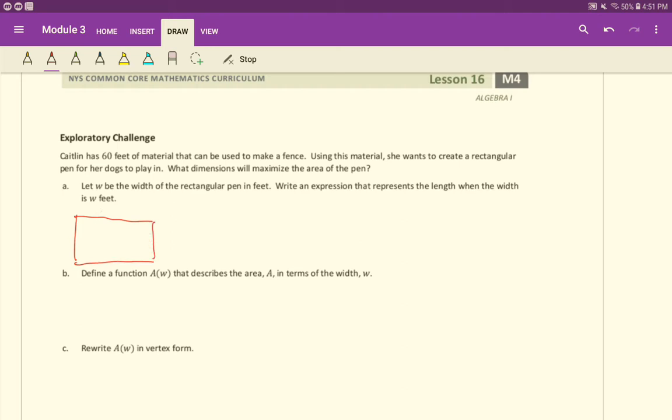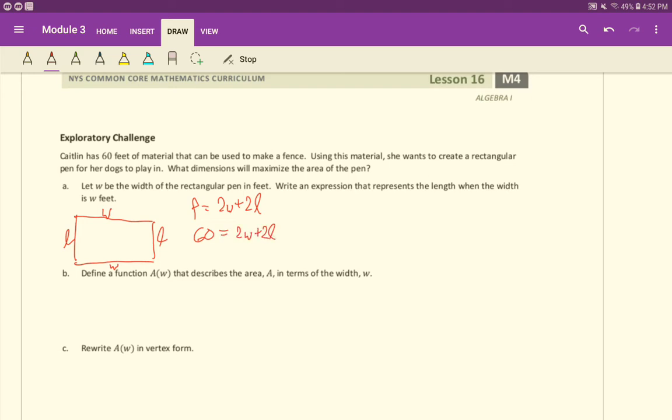So we'll say this is the width. This is the length, this is the length. So the perimeter is 2 widths plus 2 lengths. Now we know the perimeter is going to be 60 feet. She has 60 feet of material to use for the fencing. So that's going to go around the outside, which would be the perimeter.